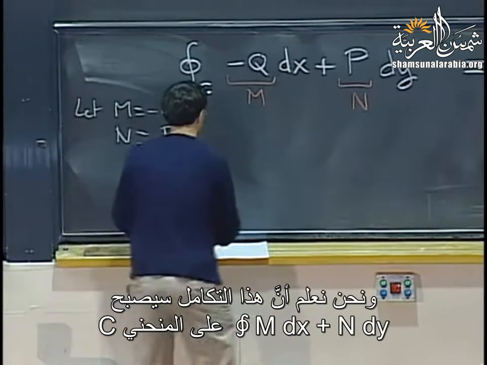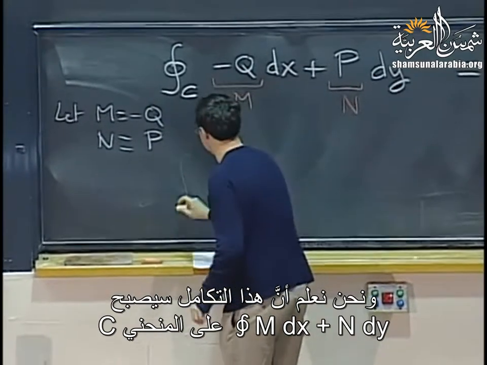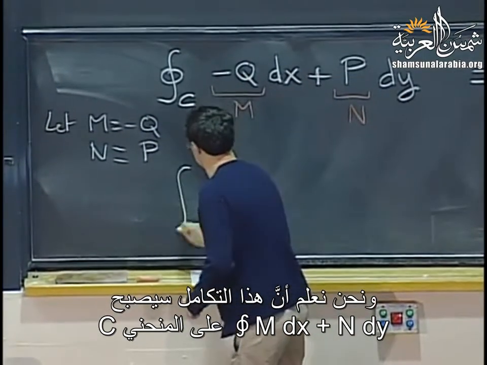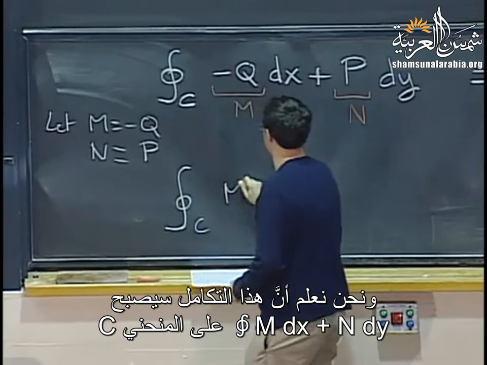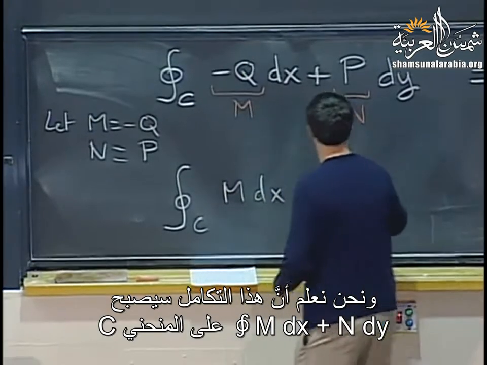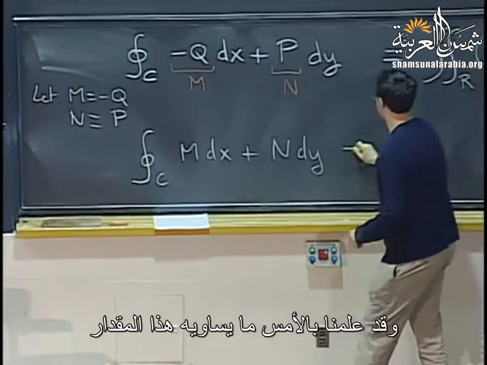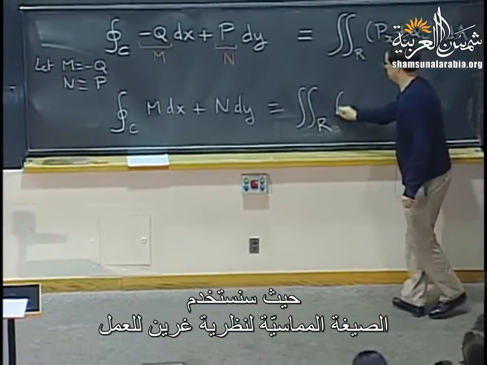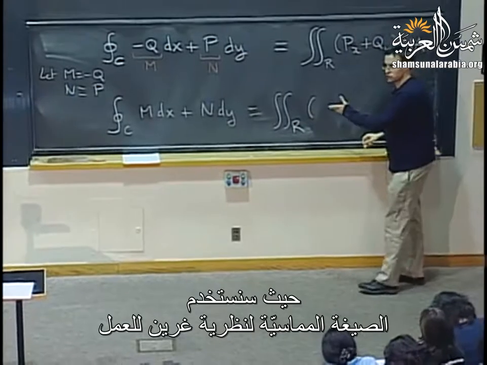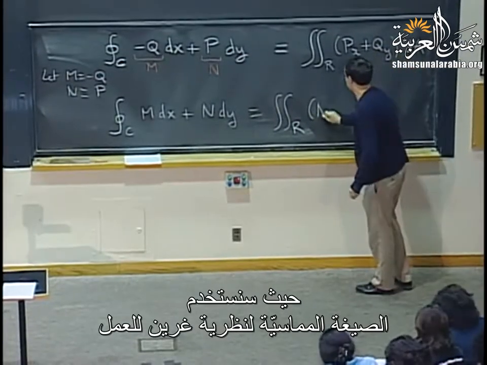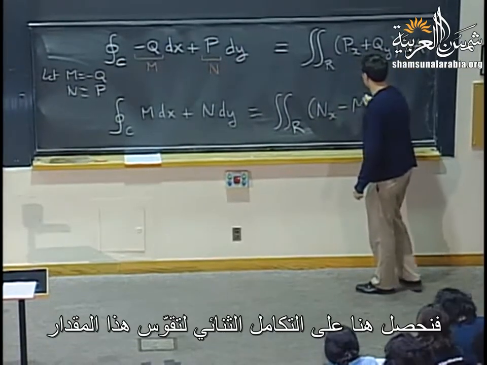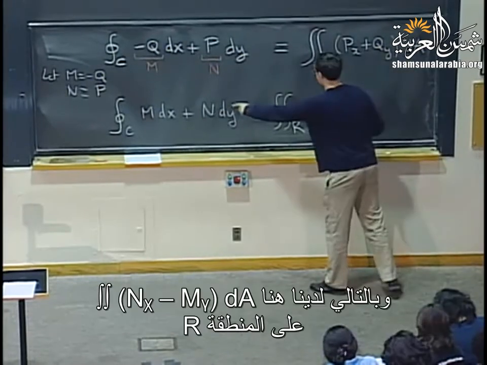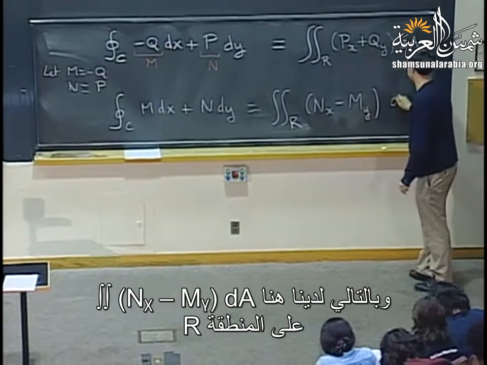Then this becomes the integral of m dx plus n dy, and I know from yesterday what this is equal to, namely using the tangential form of Green's theorem, Green for work, this is the double integral of curl of this guy. So that's n x minus m y dA.